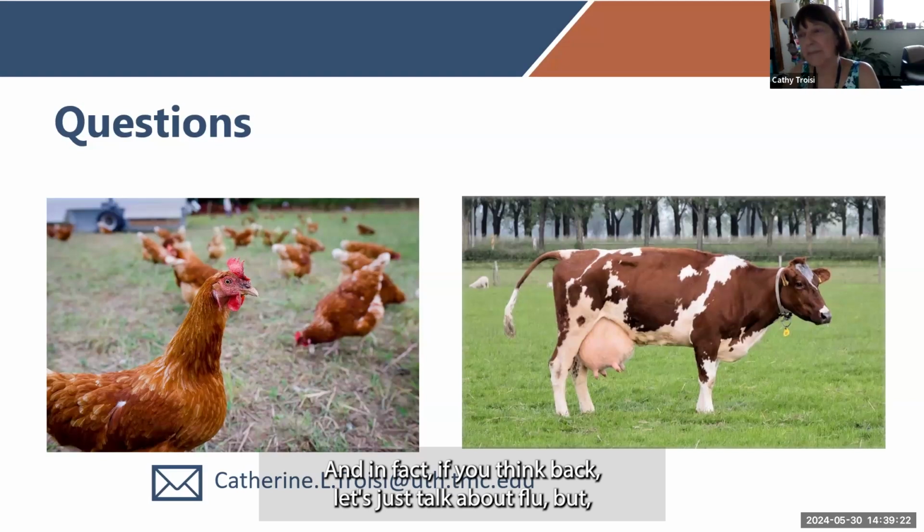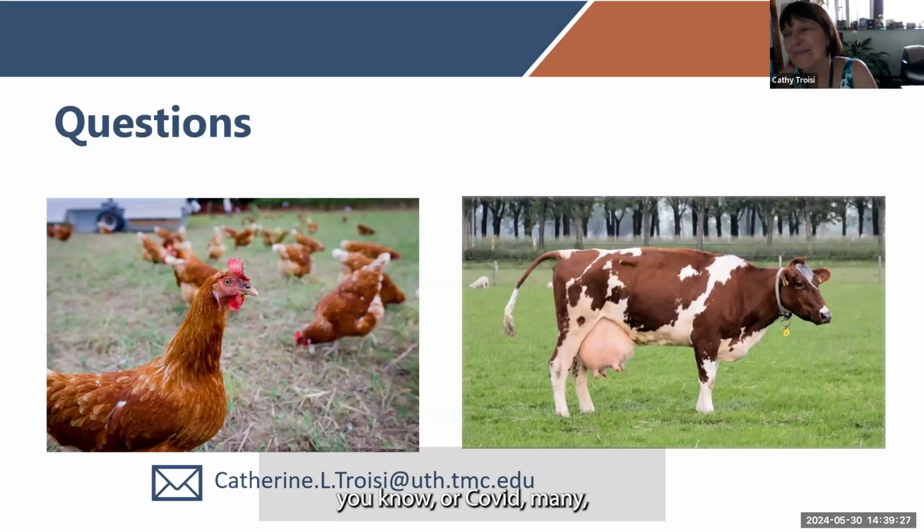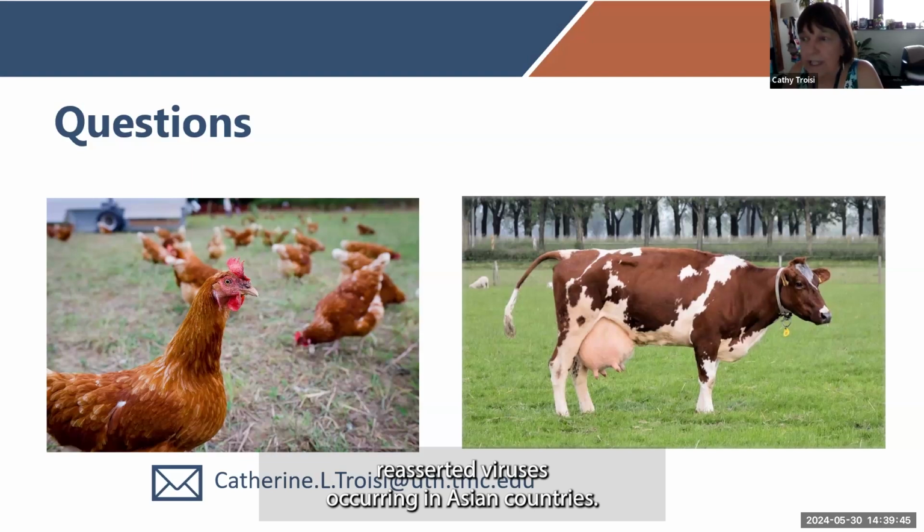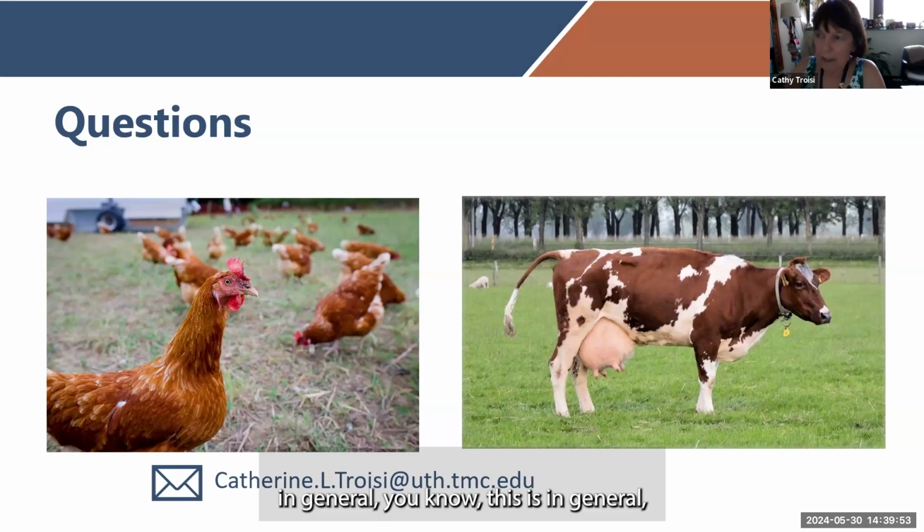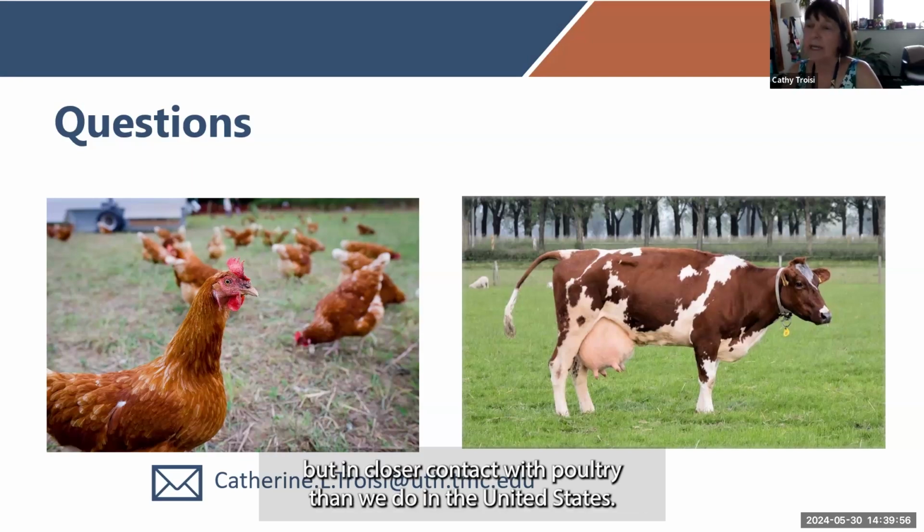Yeah, and in fact, if you think back, let's just talk about flu, or COVID. In 1957 we had Asian flu. In 1968 we had Hong Kong flu. Now we don't call flu that anymore. We don't give geographic names. But the reason we see a lot of new reassorted viruses occurring in Asian countries is that people live, in general, in closer contact with poultry than we do in the United States.